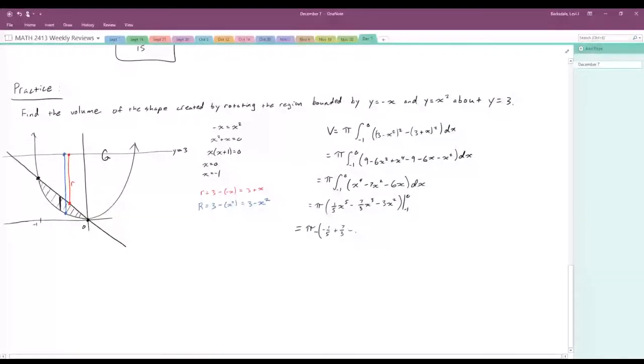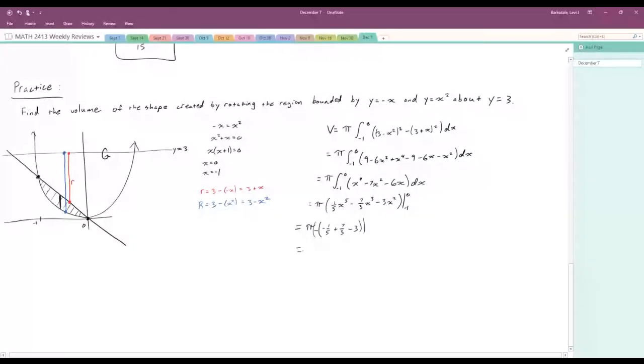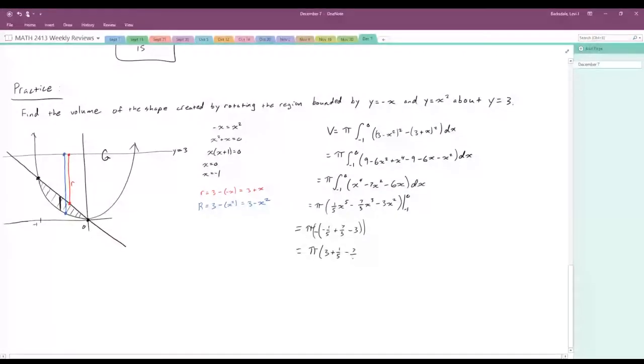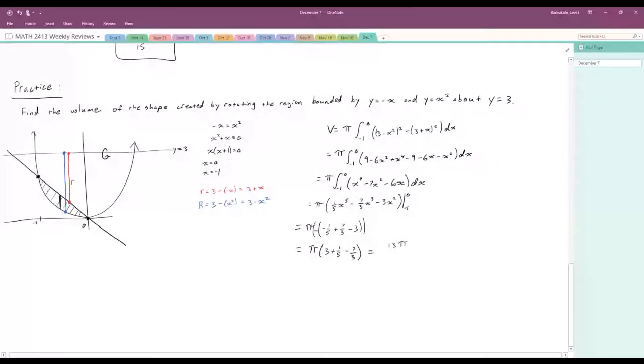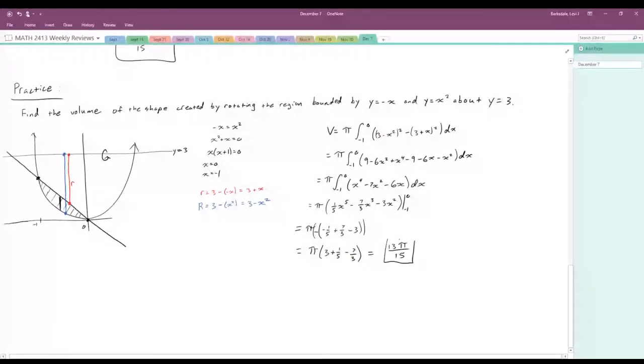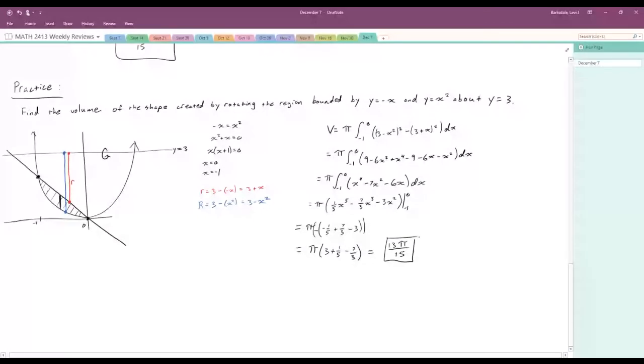Distribute the negative, and that gives me pi times 3 plus 1/5 minus 7 over 3, and that does in fact come out to 13 pi over 15. Any questions?